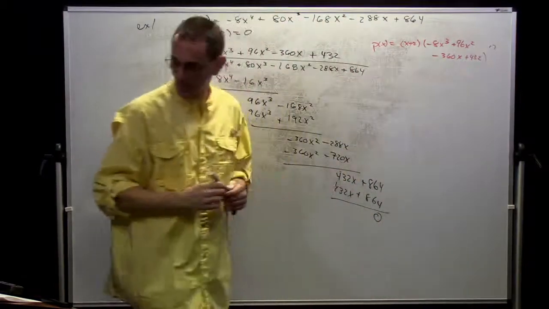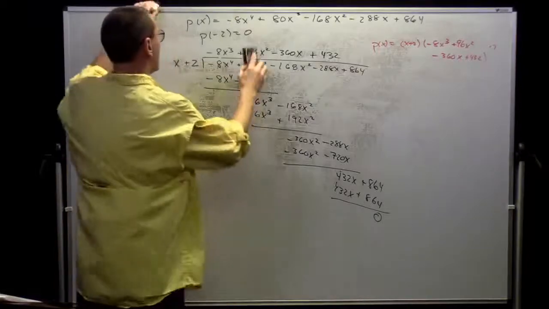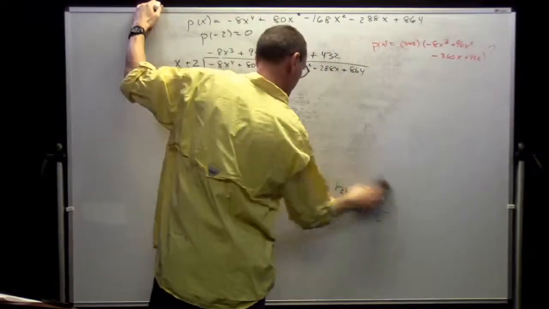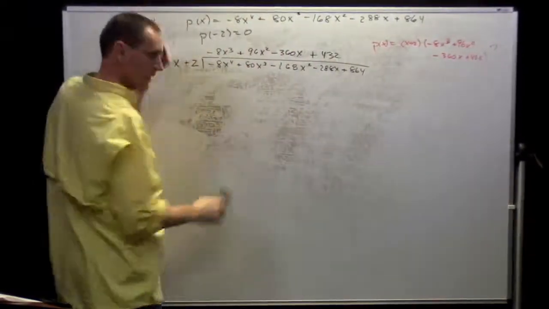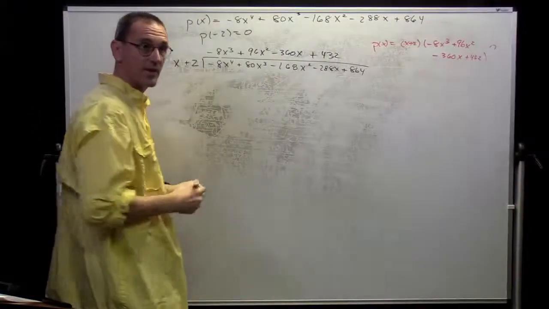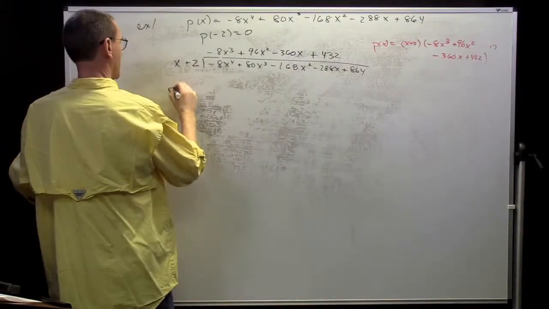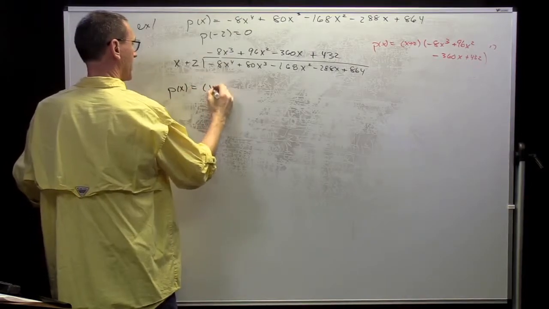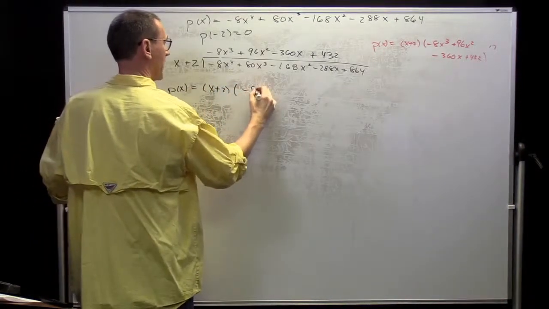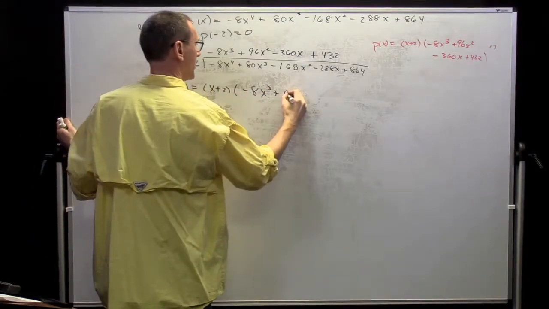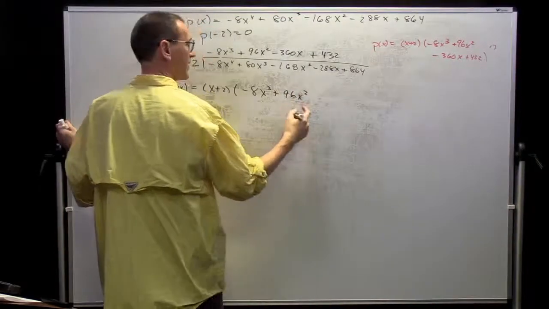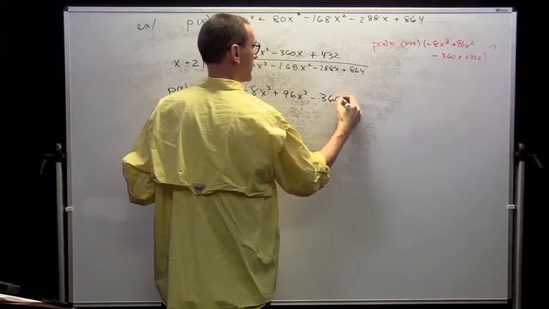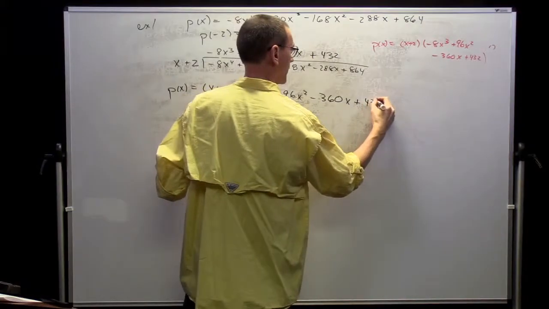Let me rewrite that so it's a little neater. So I have that my p of x is x plus 2 times minus 8x cubed plus 96x squared minus 360x plus 432.